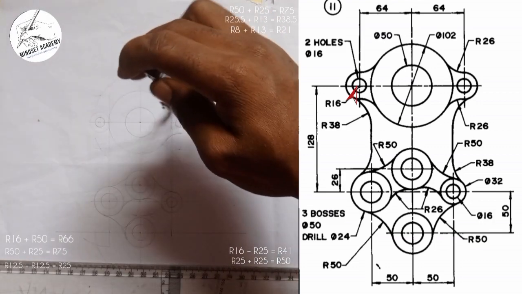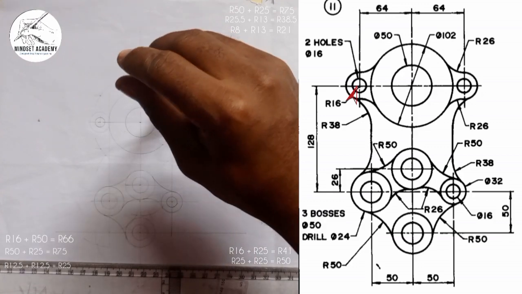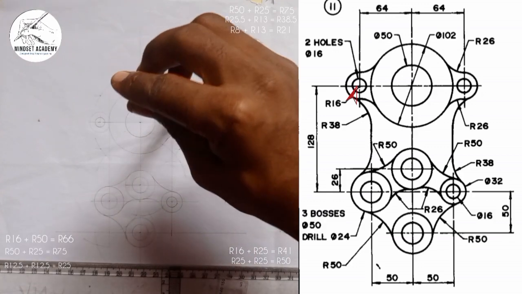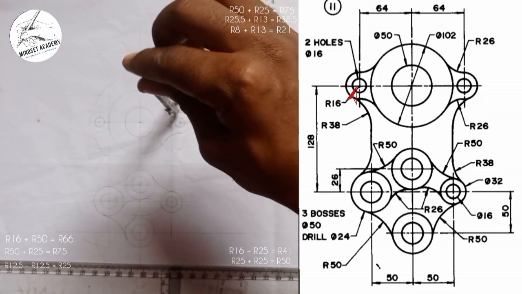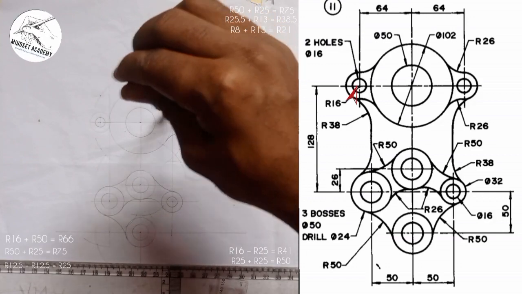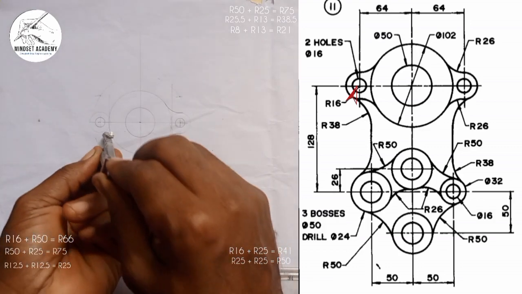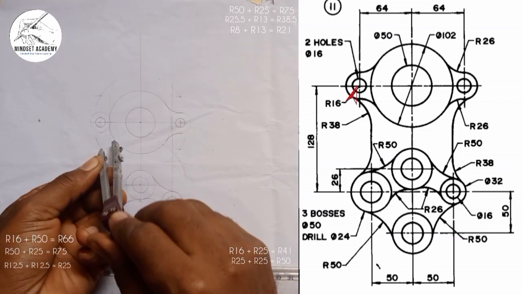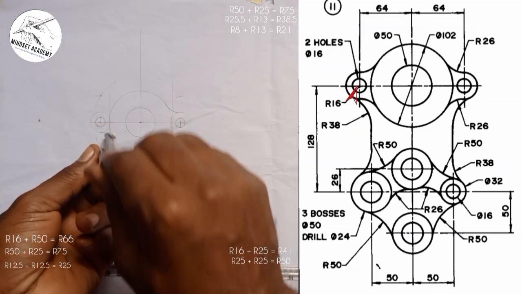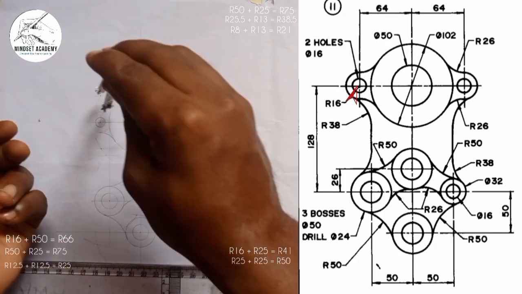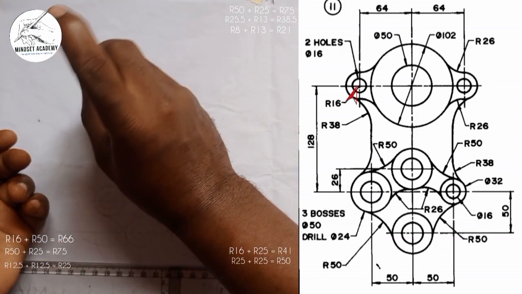I'll adjust it to touch the circumference of the circle. I'll come to this point too. Take it to touch the circumference of the circle. It's already there. Then to this, I'll do the same thing too, to touch the circumference of the circle.